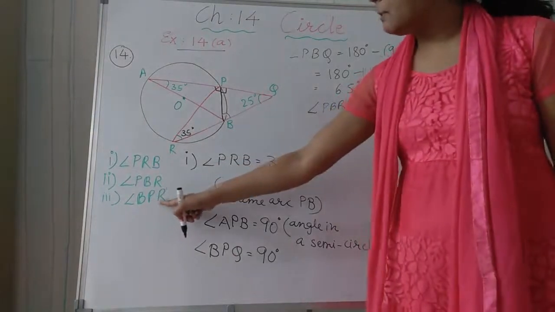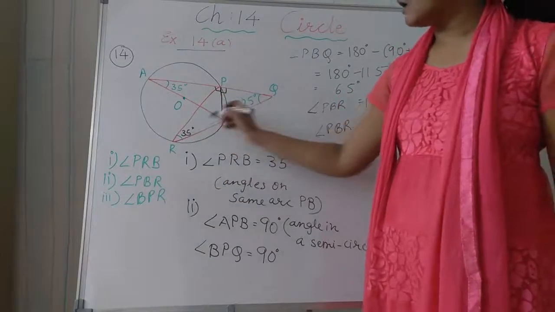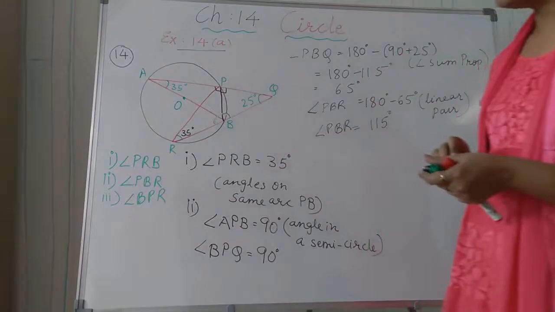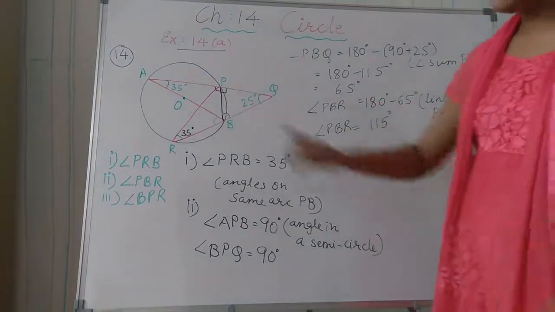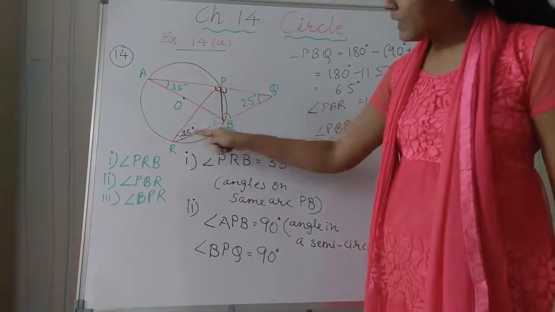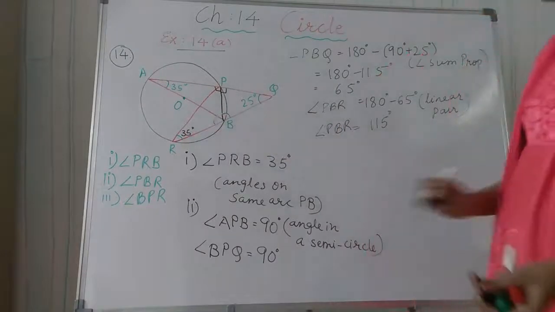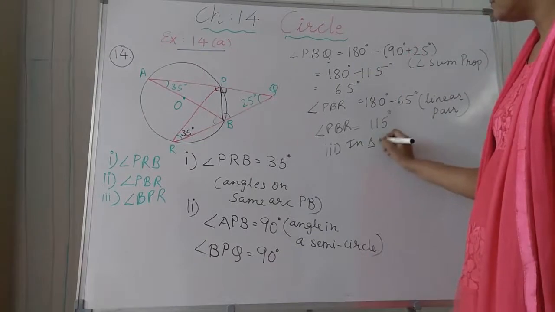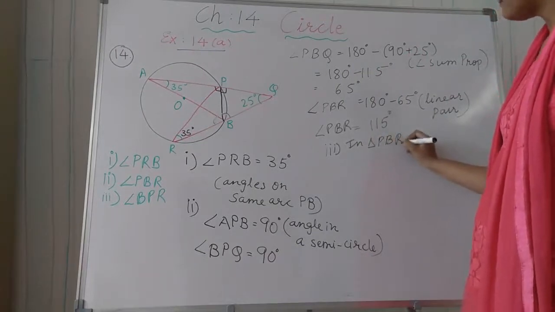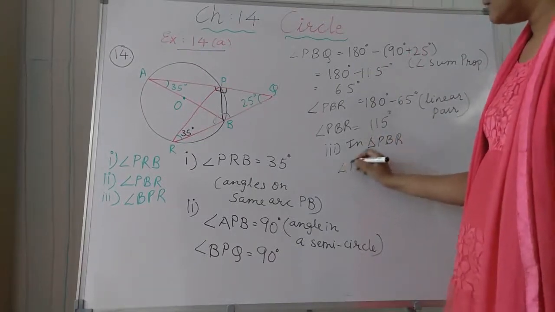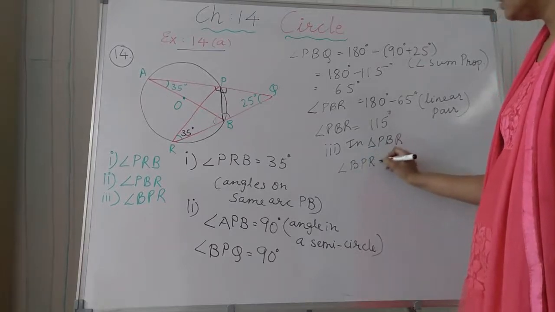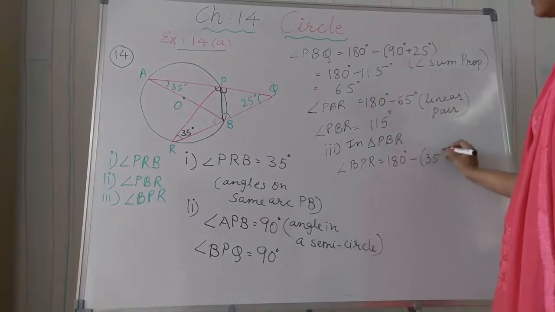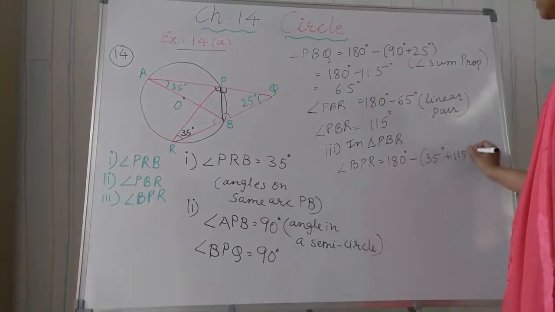Third is BPR. So now students, to get the third angle, again we use angle sum property in triangle PBR. So I am writing here third, in triangle PBR, angle BPR is equal to 180 degree minus (35 plus 115) degree.